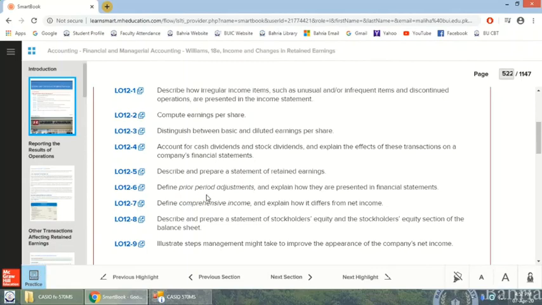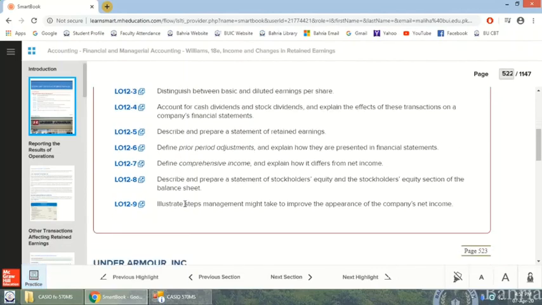Then prior period adjustments. I will give you an example of depreciation. Depreciation methods can change, they can vary, although the accounting assumption states that you have to be very consistent in your methodology in computation for depreciation.